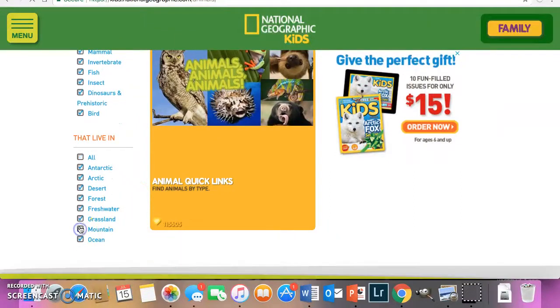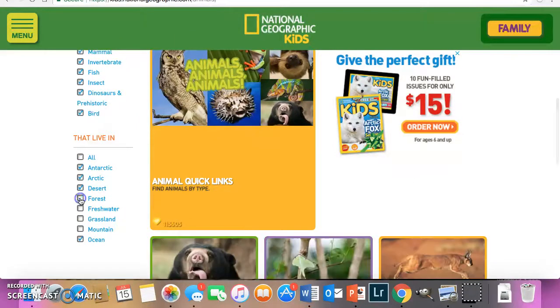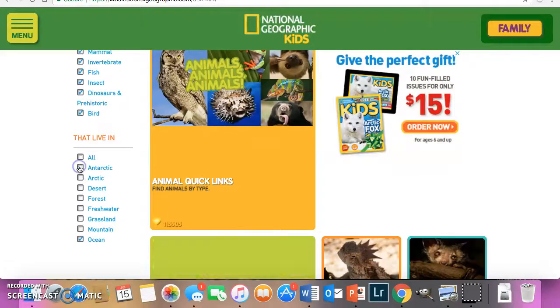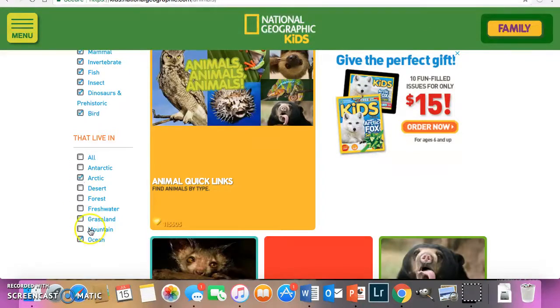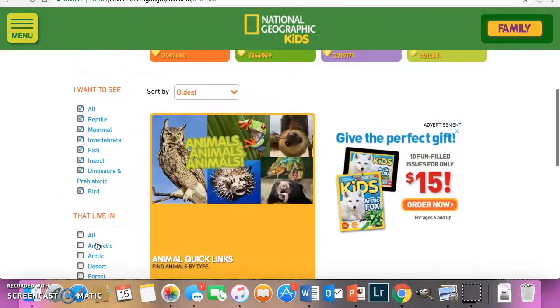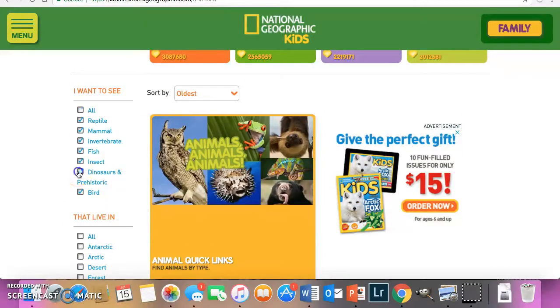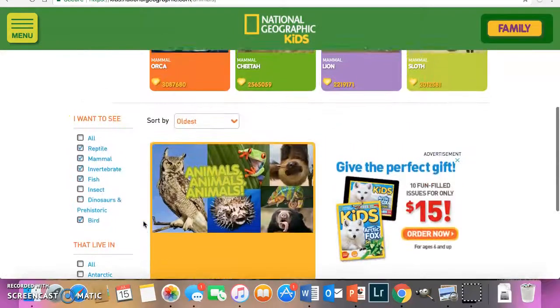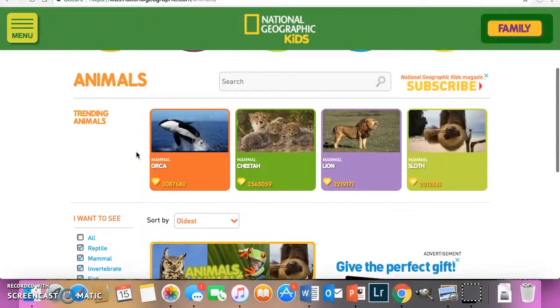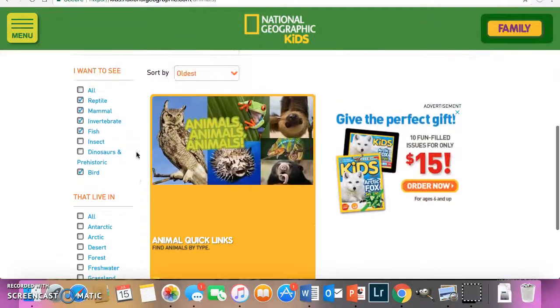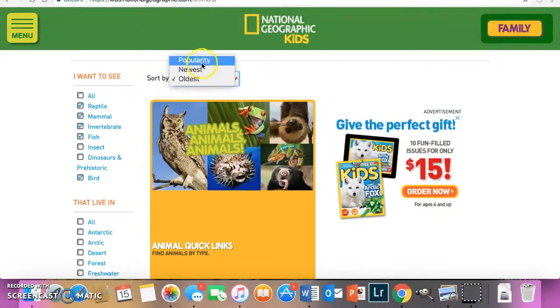We could unclick the Arctic animals, because we're just going to look at ocean animals. That leaves us with fish, invertebrates, mammals, and then we can sort by popularity.